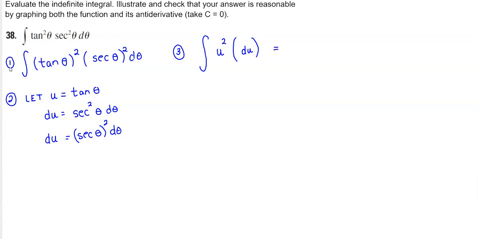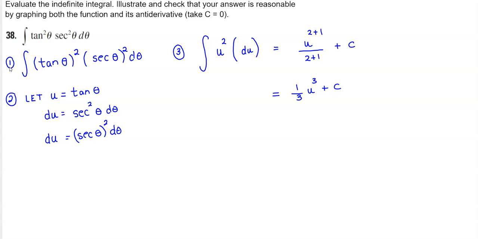Now let's take the antiderivative. The antiderivative is u to the 2 plus 1 over 2 plus 1 plus c. So this becomes 3 in the denominator, and the reciprocal of 3 over 1 is 1/3. And that's u to the third power plus c.